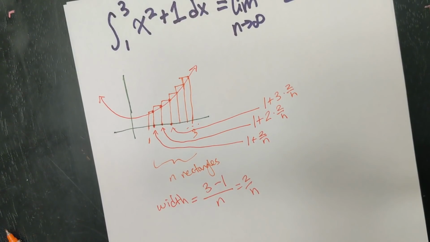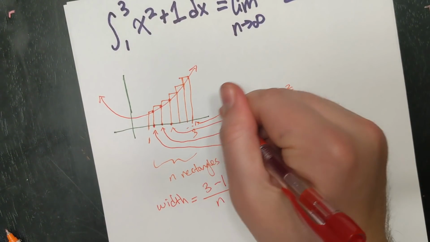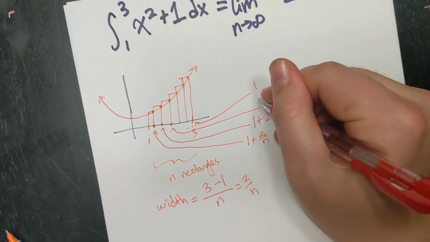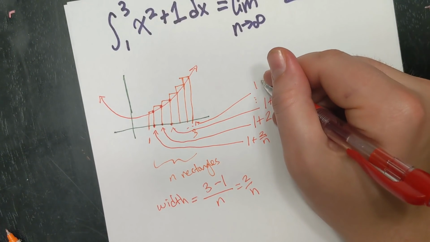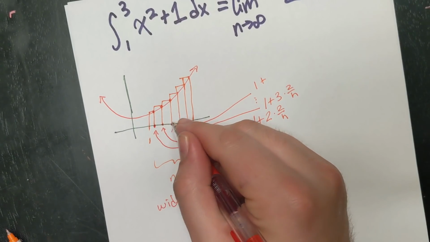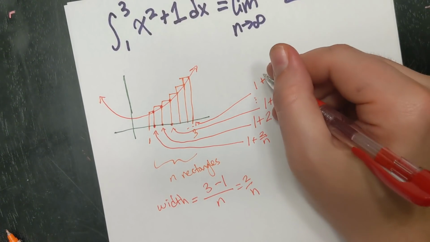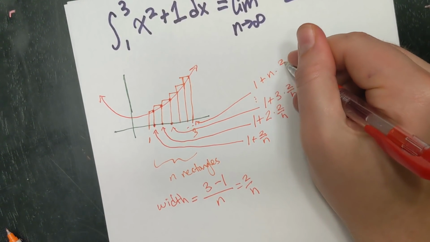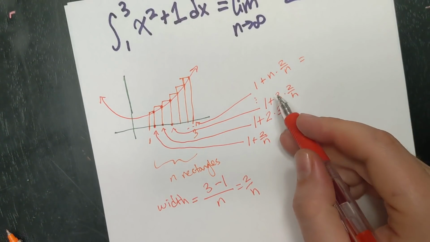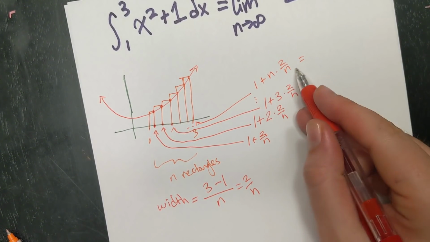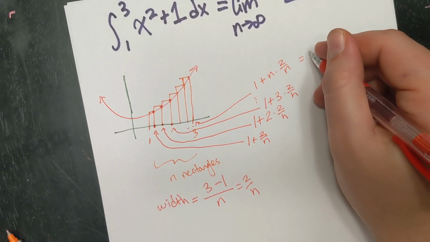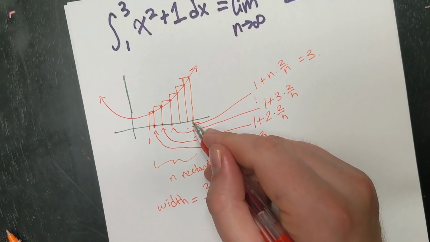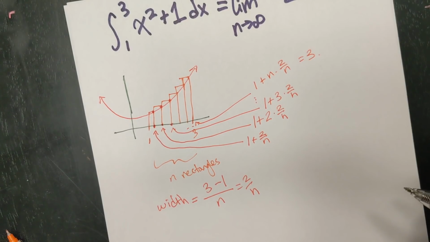And so forth. It continues this way until you get to the last rectangle, where you had 1 plus n rectangles we moved over to get to the last one. n times 2 over n. Oh, and notice that happens to come out to be n divided by n cancel, so it's 1 plus 2, which is 3, which is exactly what we expect. We got all the way to the right.